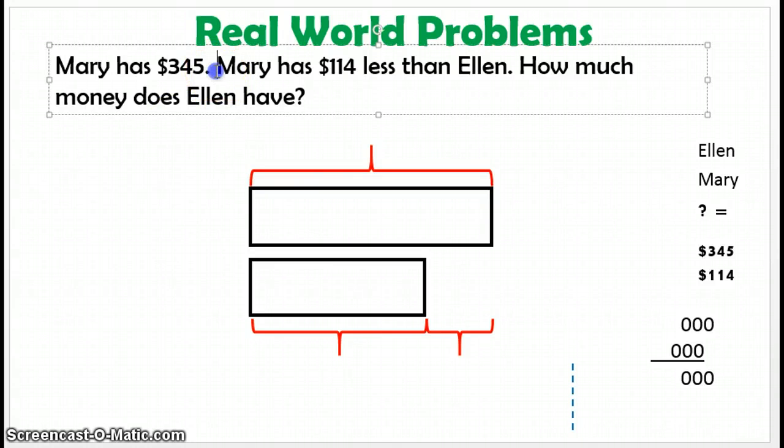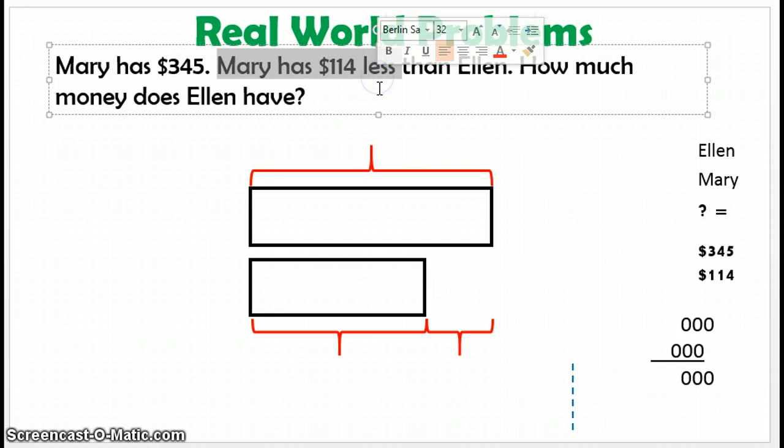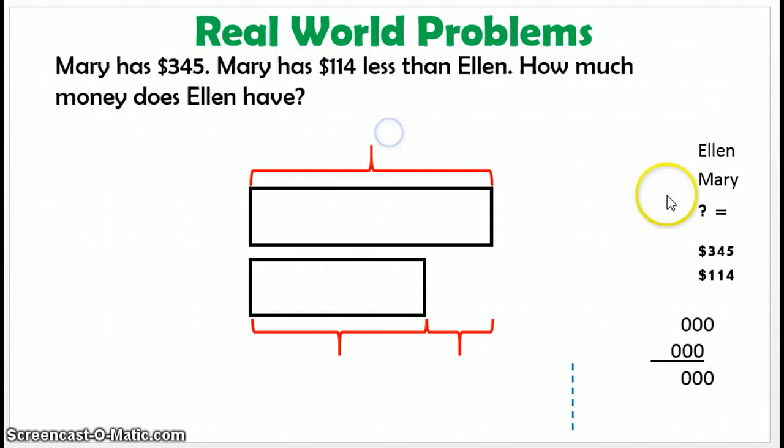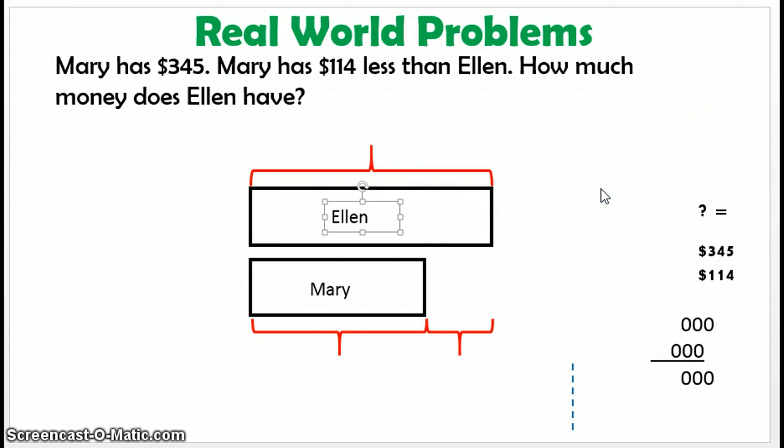This tells me that Mary has the bar that is less. She has less money than Ellen. And we're going to label the big bar Ellen. Good. So I've just done step number 3, which is label with words.